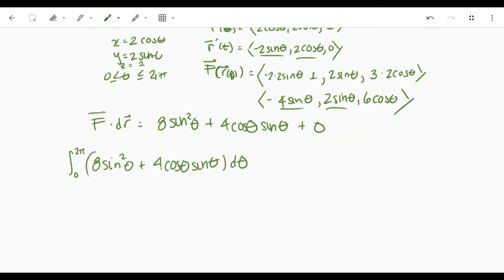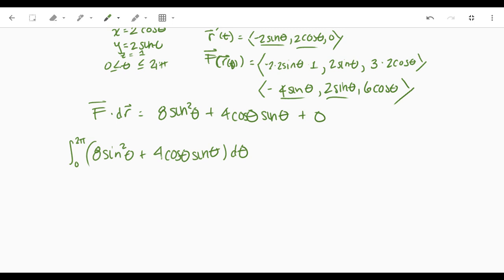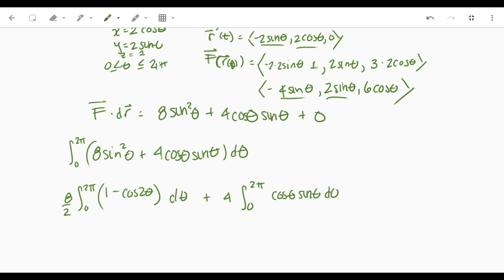Okay, so we would have 8 integral from 0 to 2 pi of (1 minus cosine 2 theta) over 2 d theta, plus 4 integral from 0 to 2 pi of cosine theta sine theta d theta.